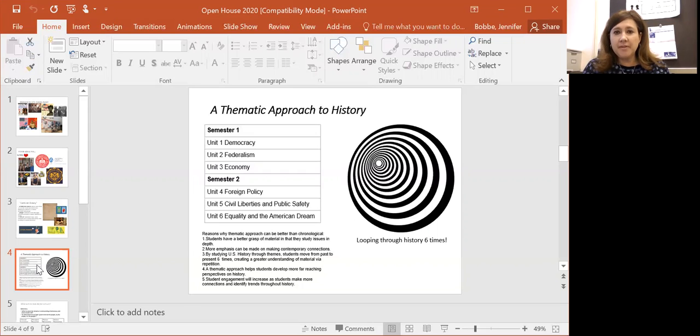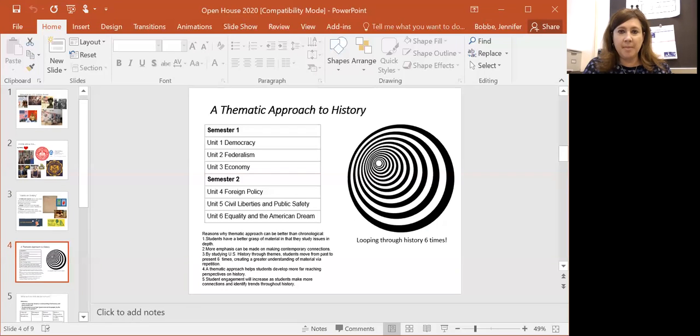And I really believe it's going to help enhance student engagement, because that will allow us to get into more modern historical topics early on in the school year, instead of having to wait until May to get into those types of events. So we're basically looping through historical eras 6 times with these 6 units.